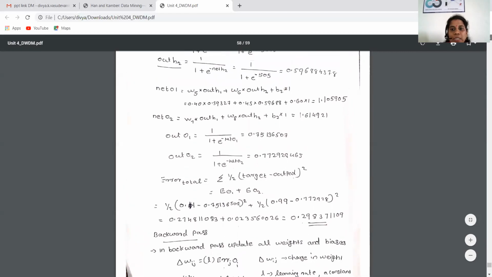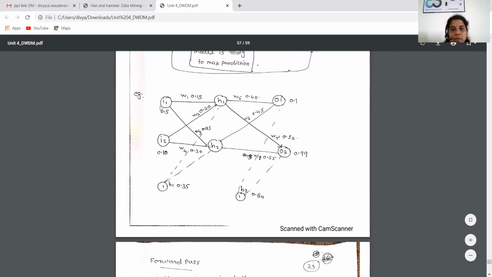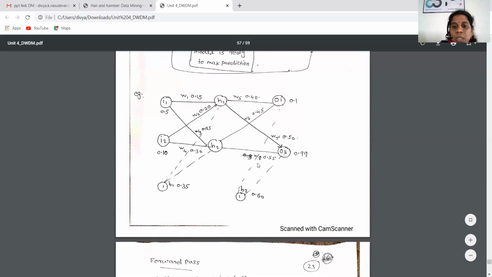So the error we got is not a satisfactory value, which indicates that whatever values we assigned for all these weights are not up to the mark. So we need to reassign the values. We have a neural network based on the input data, two inputs and two outputs.